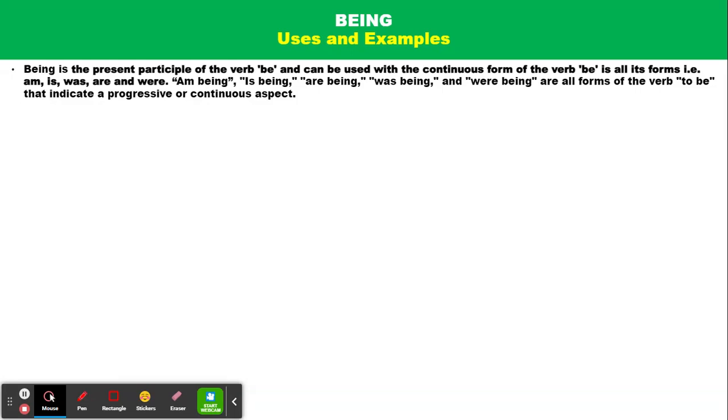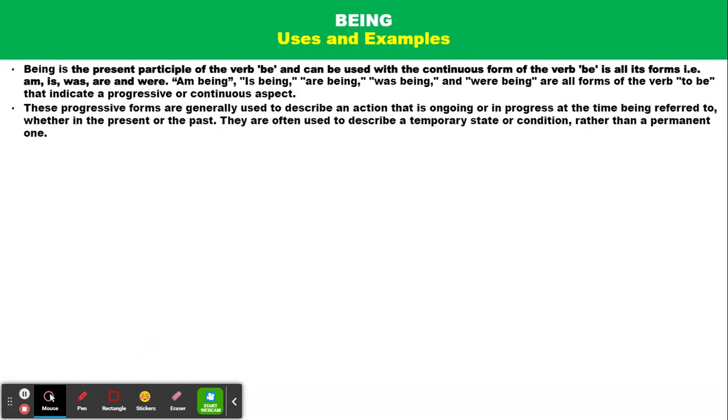For example, am being, is being, are being, was being, and were being are all forms of the verb to be that indicate a progressive or continuous aspect. These progressive forms are generally used to describe an action that is ongoing or in progress at the time being referred to, whether in the present or in the past. They are often used to describe a temporary situation or condition rather than a permanent one.